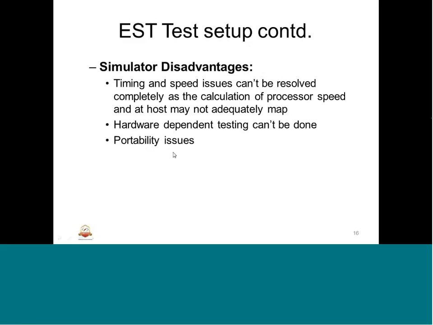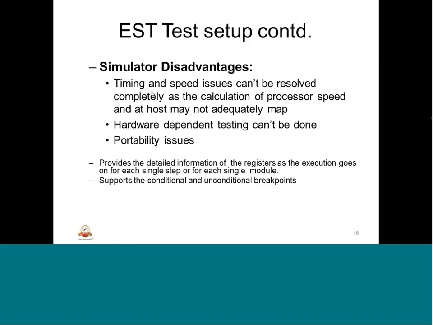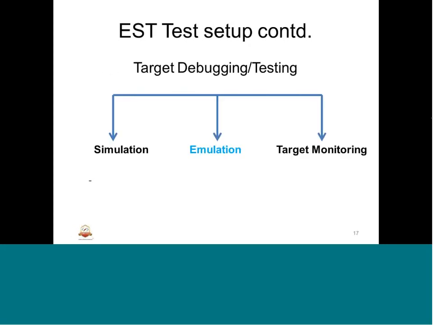But there are some issues, especially on endianness or accessing the memory, big endian, little endian format issues. Definitely there are a few things which a simulator lacks. That is about simulators, and we go to emulation next. That is the next technique, which will actually use the end target.